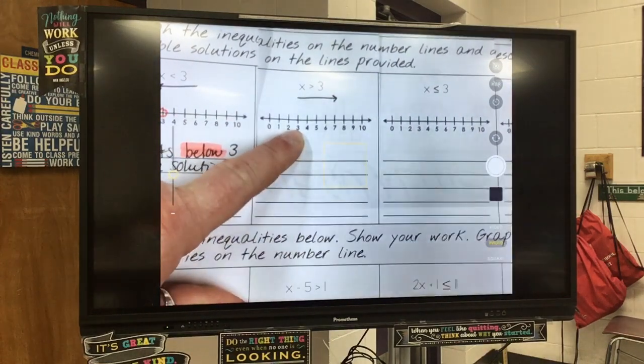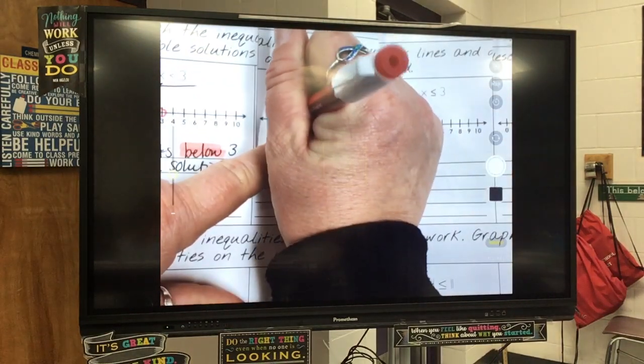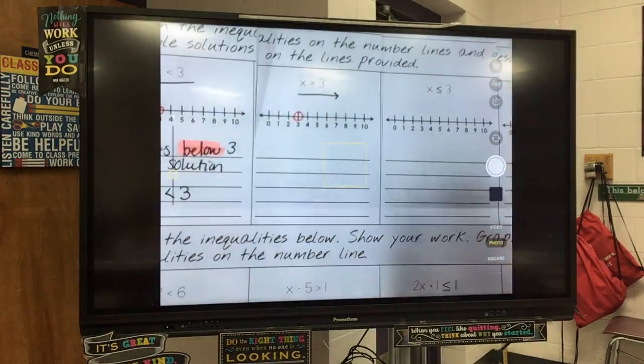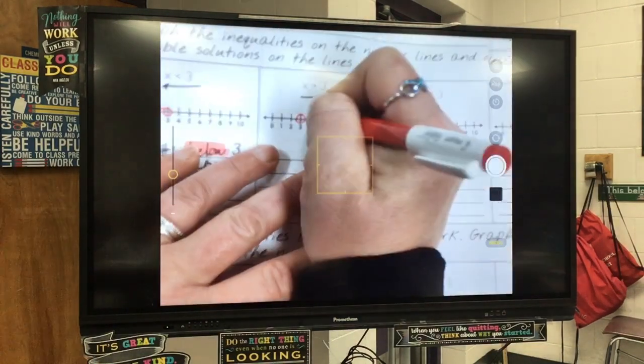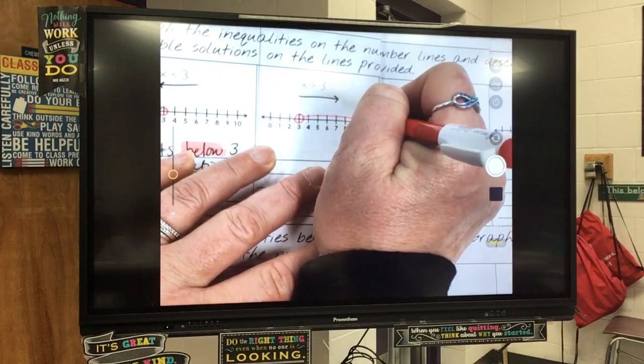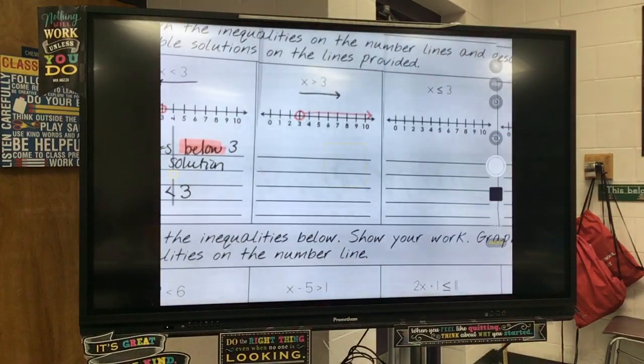Am I using an open or closed circle? Haley? Open circle. Thank you for using your foldable. That's pretty much why it's there, right? To help you out. Alright, Kaylee, which direction is my arrow going? Going to the right. And then Kaylee, pick a number to the right that makes the statement true. 8.